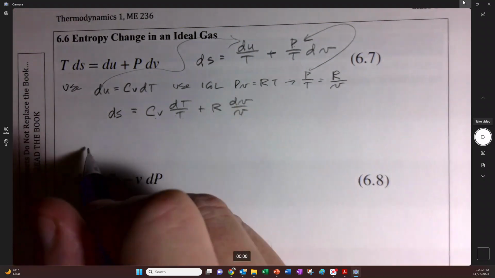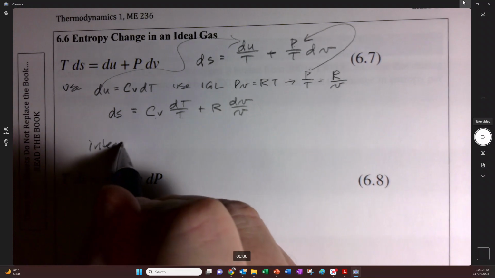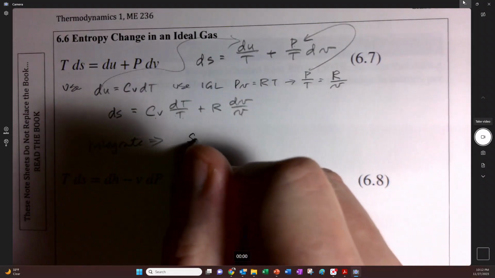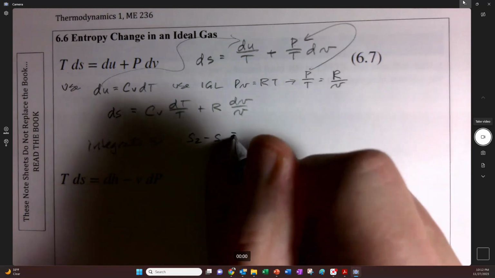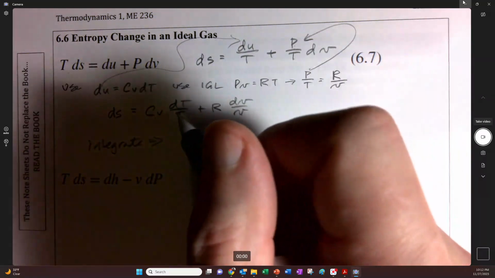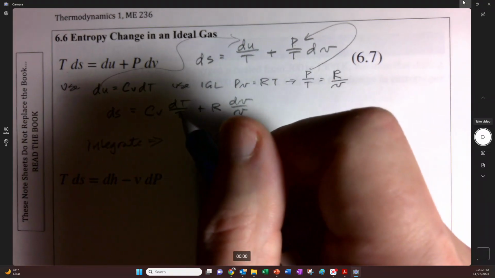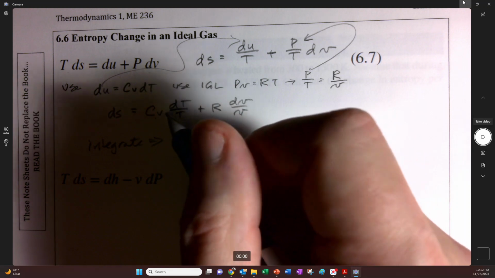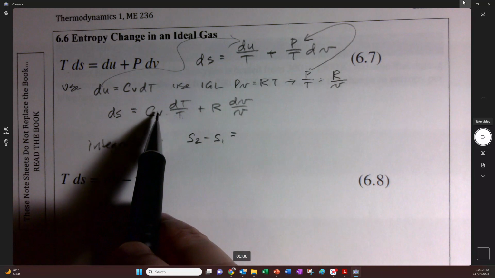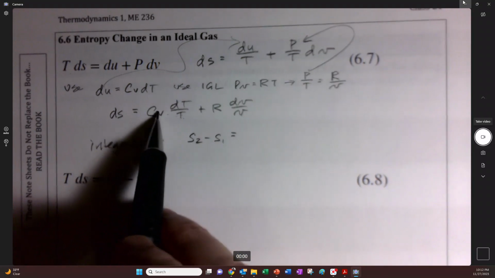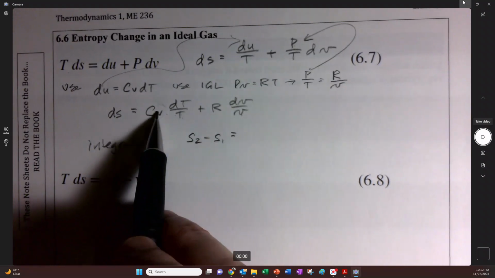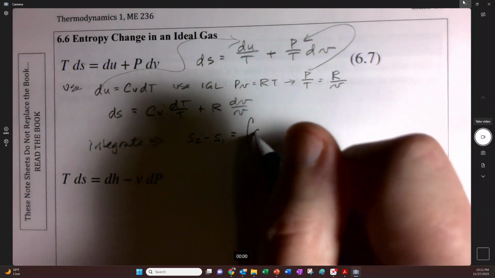To be very specific, Cv can vary with temperature, and we don't know for sure that it's constant, so we'll leave it as an integral.